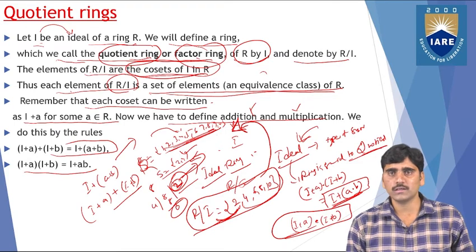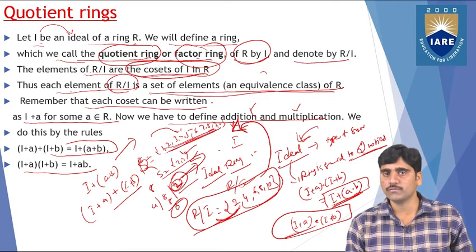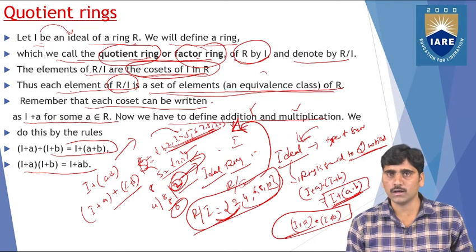Quotient rings are nothing but the ideals of the rings, and quotient rings are also called factor rings. So R by I divides all the elements of R, and R by I maintains the separate elements as a set.